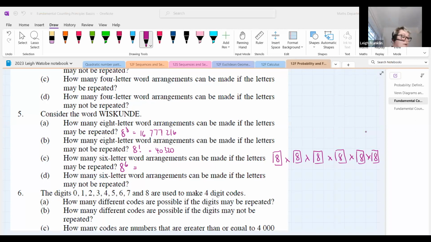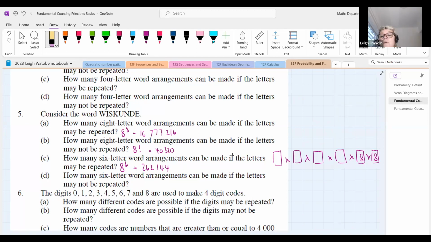What is 8 to the power of 6? There we go. That was correct. So Lindelwa, what you said, perfect. So 262144. Awesome. Now in question D, they say to us, how many 6-letter word arrangements can be made if the letters may not be repeated?